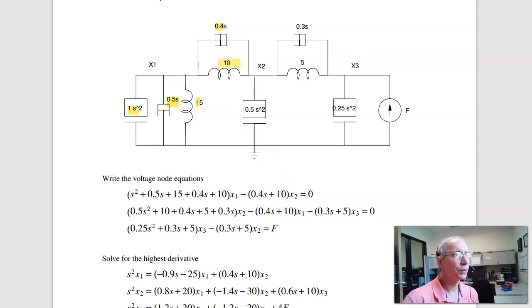At node 2, take all the admittances attached to node 2, which is all these puppies times x2, minus the admittances between 2 and 1 times x1, minus the admittances between 2 and 3 times x3 is the current of the node, and likewise at node 3.